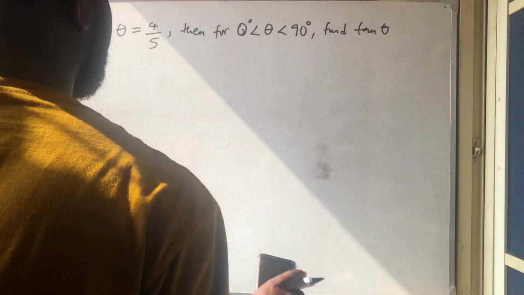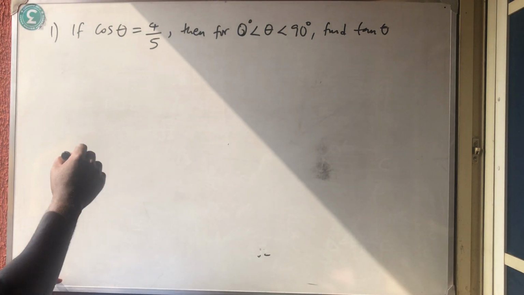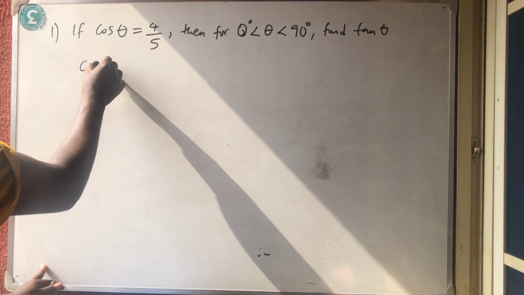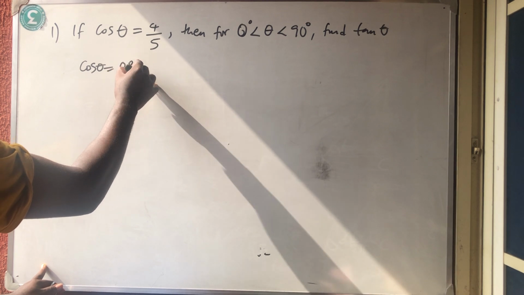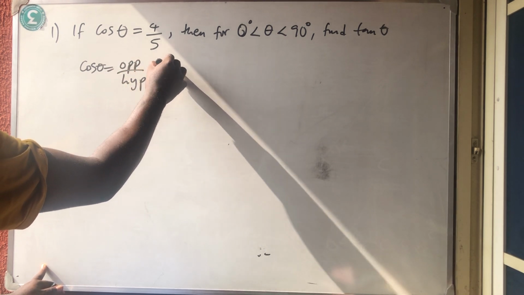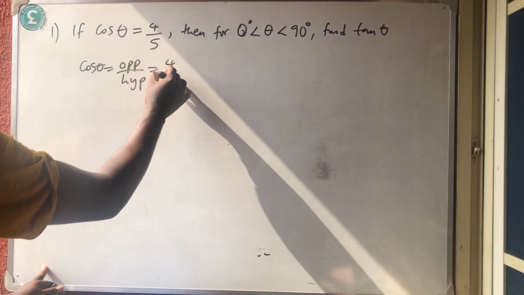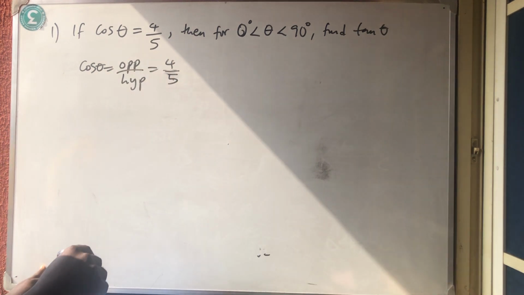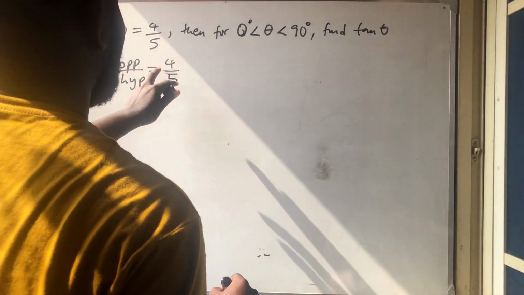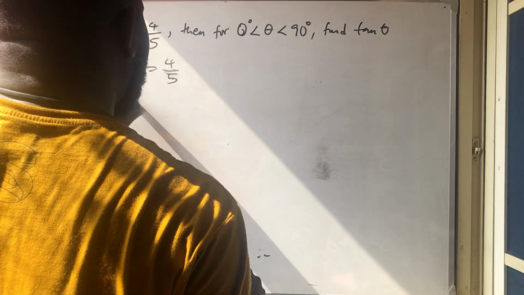So they gave us this. What's the first thing you do? You know that cos theta is equal to what? Adjacent over hypotenuse. And they gave you 4 over 5. So which means you have your adjacent to be 4, your hypotenuse to be 5.